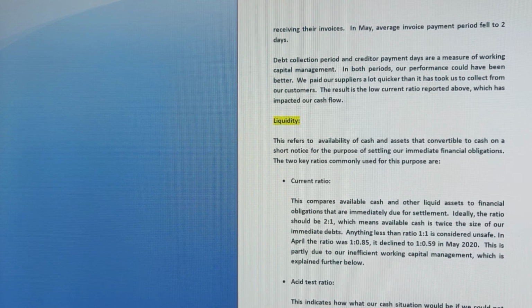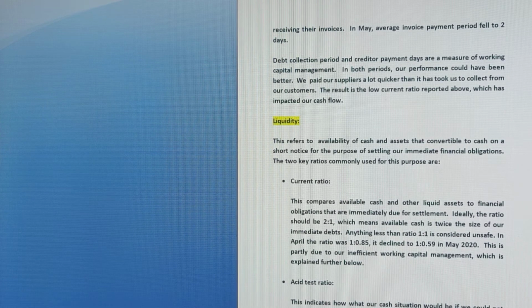You see? Now, let me move on to liquidity, which is also tied to working capital management. Liquidity refers to availability of cash and other assets that are convertible to cash at short notice for the purposes of settling your immediate financial obligations, that is paying suppliers and other little bills.